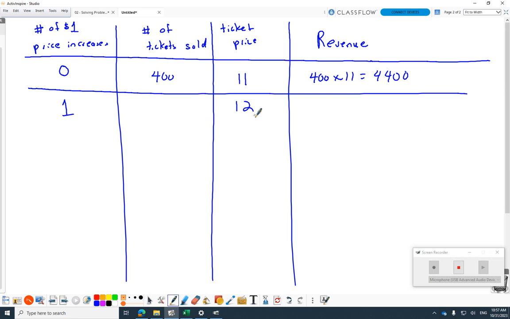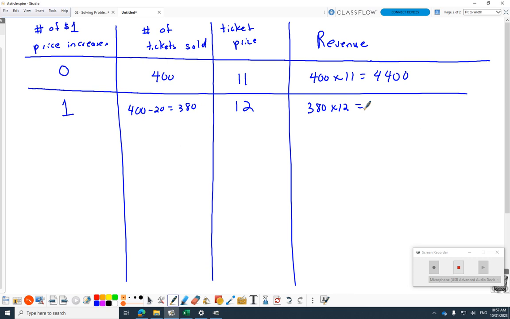How did you get it? So this is 400 minus 20, which is 380. So if this all comes true, this year, if we increase the ticket prices by $1, we'll have 380 people, $12 per ticket.